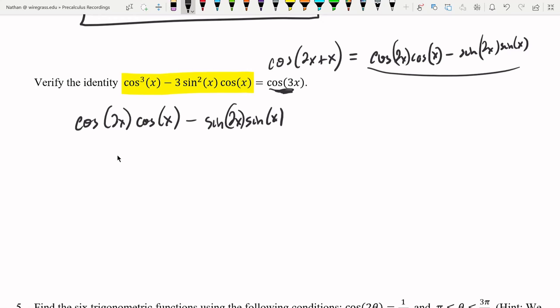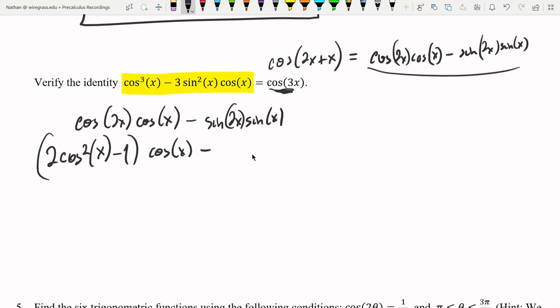So I find that cosine 2x, I'm going to write it as 2 cosine squared x minus 1. I'm going to see if that works. I may need to use a different formula because there's actually a few of them that I can use.